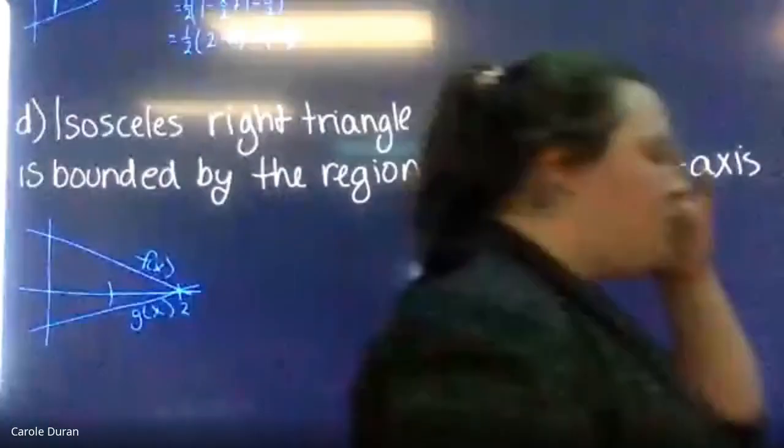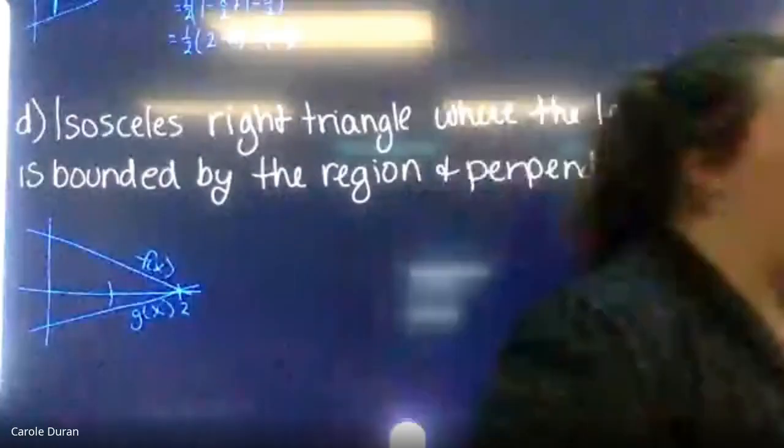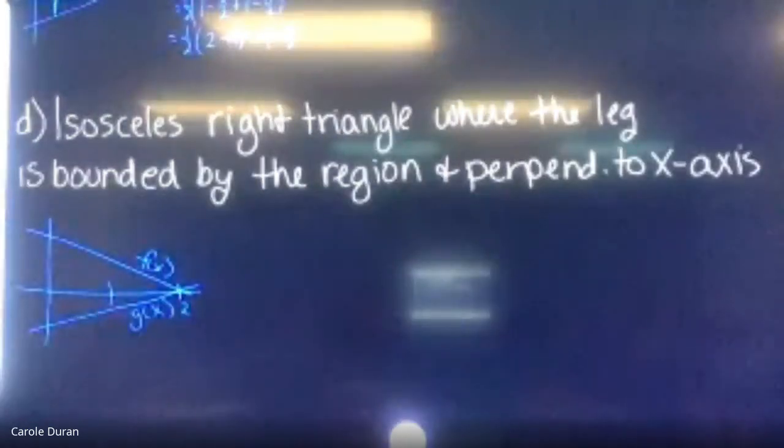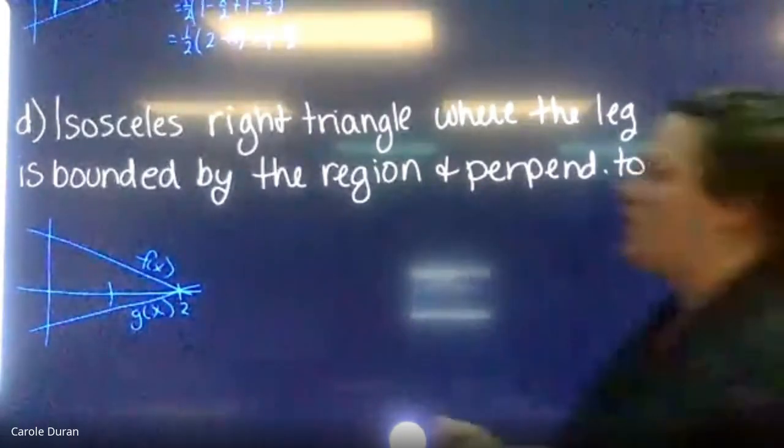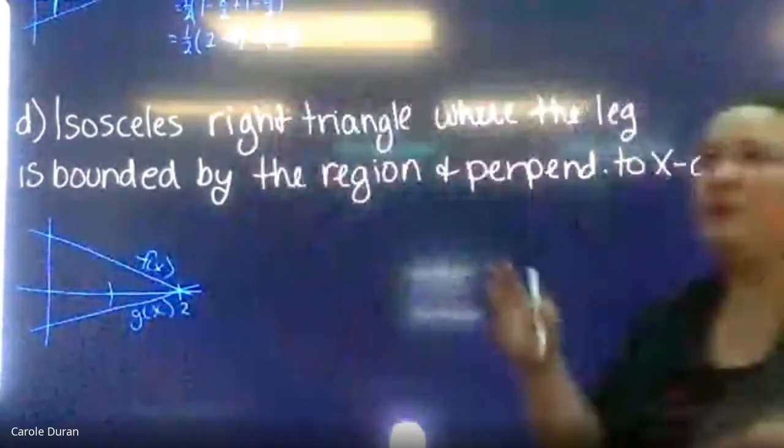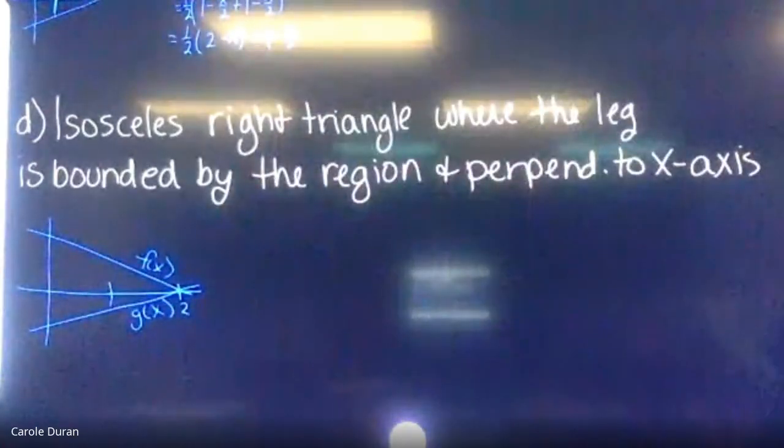So the first thing is, what do I know about an isosceles triangle? Not all the sides, but two of them, yes. An isosceles triangle has two equal sides, and they're typically the legs. Well, they have to be the legs. And then the third side is your hypotenuse.